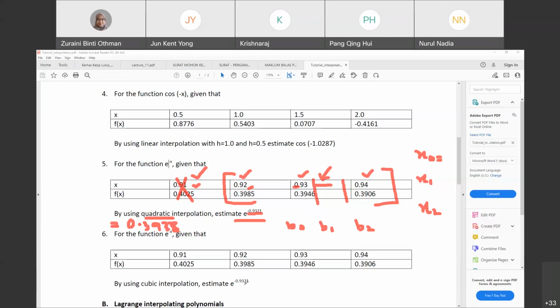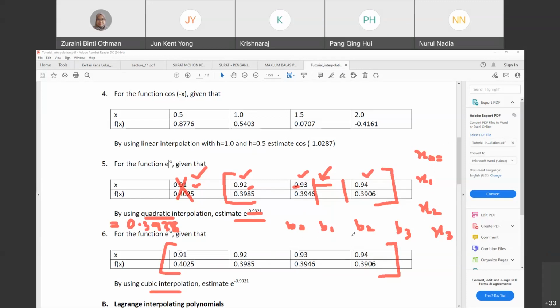And for this question, we need to find cubic interpolation, which means we add one more, we need to find B3, and our points go up to X3. We have 4 points to find and they give you 4 points, so here you don't need to choose the interval, you have to use all the points given. Understand?